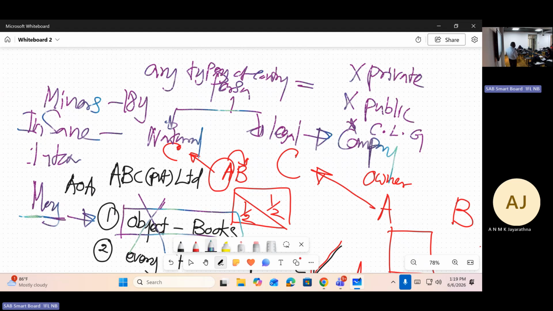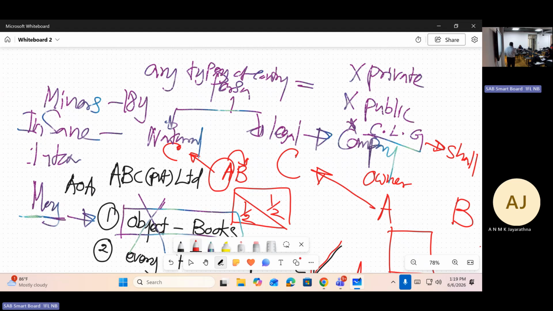Companies limited by guarantee. If it is a company limited by guarantee, in section 34, it says it shall, that is the word used, it shall mention its objects.